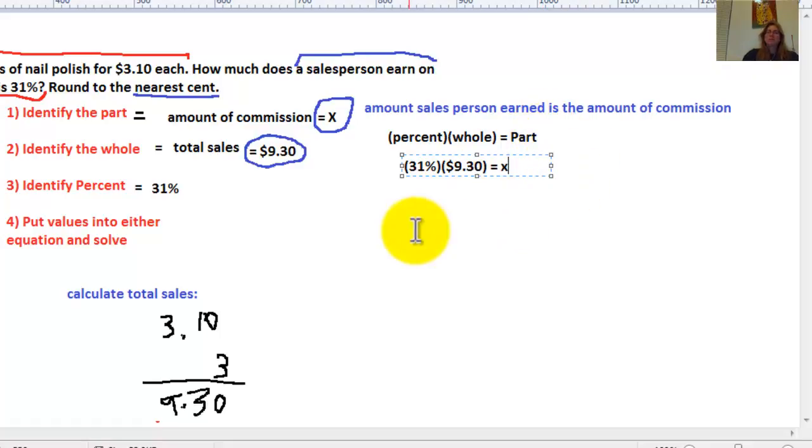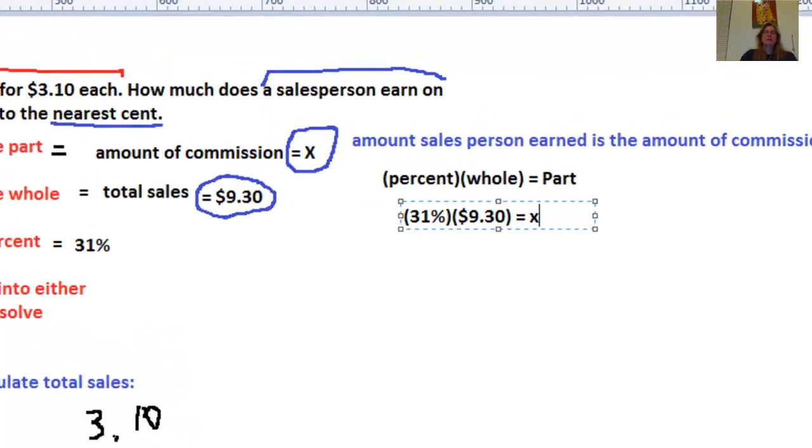When you have a percentage times a number, you cannot multiply until you have changed the percent to a decimal. With a decimal point here, you move that decimal 2 places to the left so that it ends up out here, and that eliminates the percent sign.